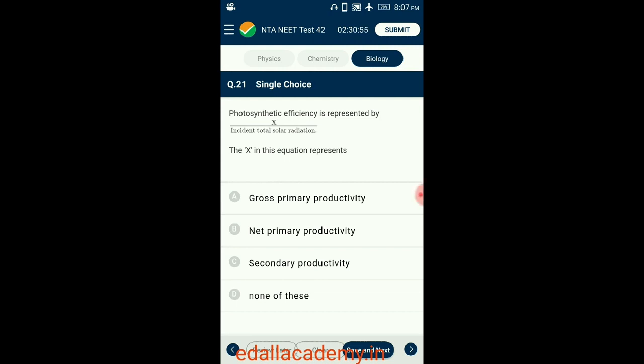The amount of biomass produced by producers in an ecosystem is gross primary productivity. Photosynthetic efficiency is equal to gross primary productivity by incident total solar radiation. So the answer for this question is option A. X indicates gross primary productivity by incident total solar radiation. So the correct option is A.